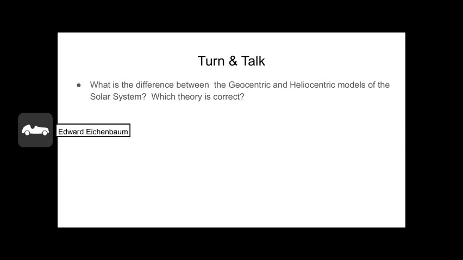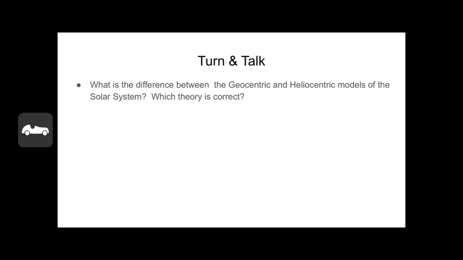Great job on the Copernicus video, class. I would like for you to answer this next question. What is the difference between the heliocentric and geocentric models of the solar system? Which theory, in your opinion, is correct?